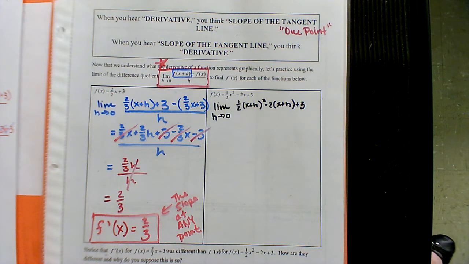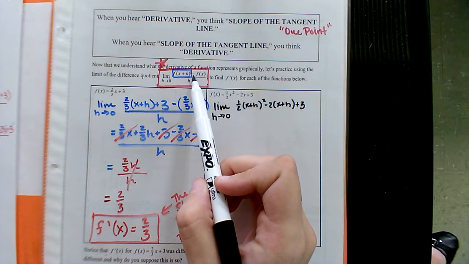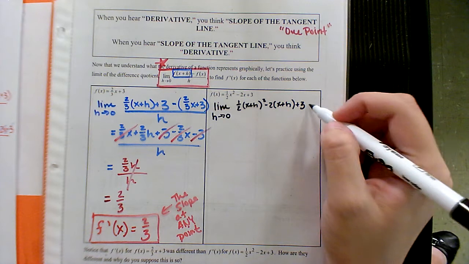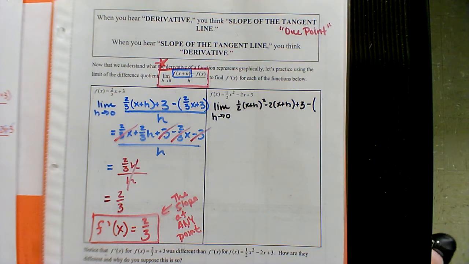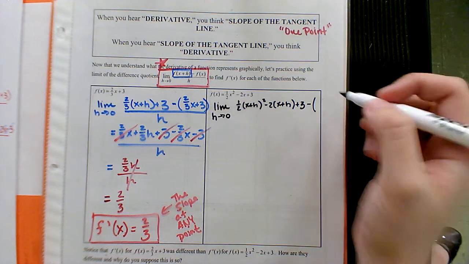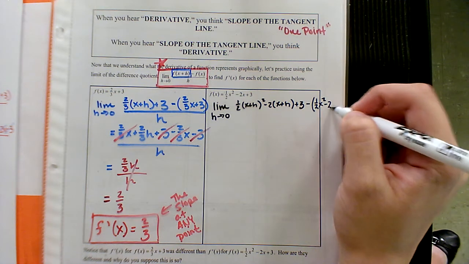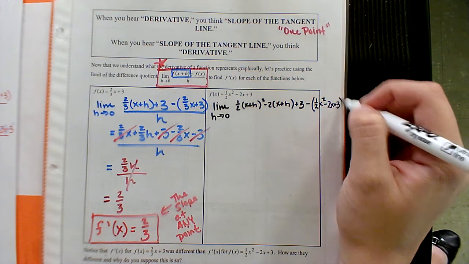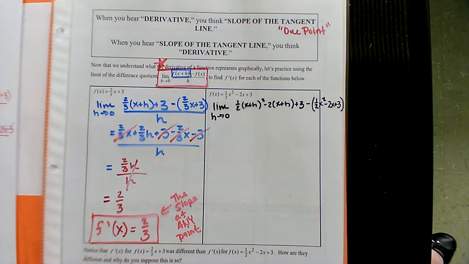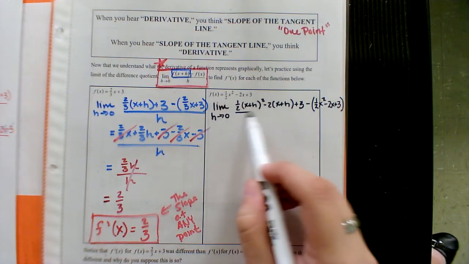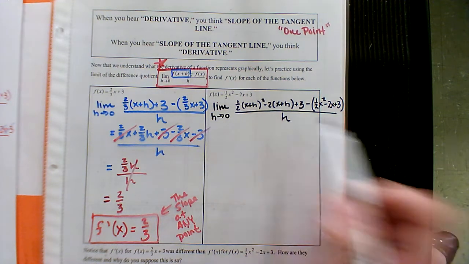If we continue to look at the limit, it then wants us to subtract f of x, but that's just representing the entire original equation. And that's all over h.